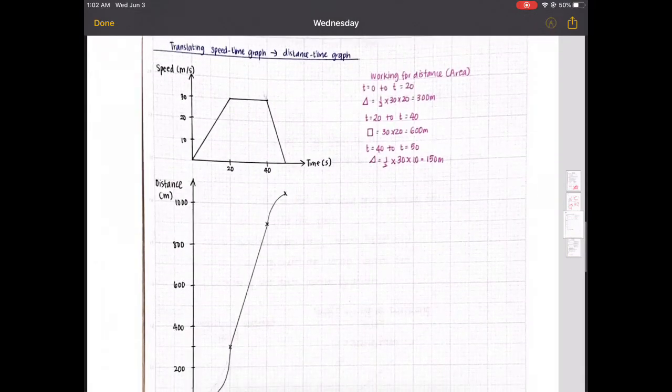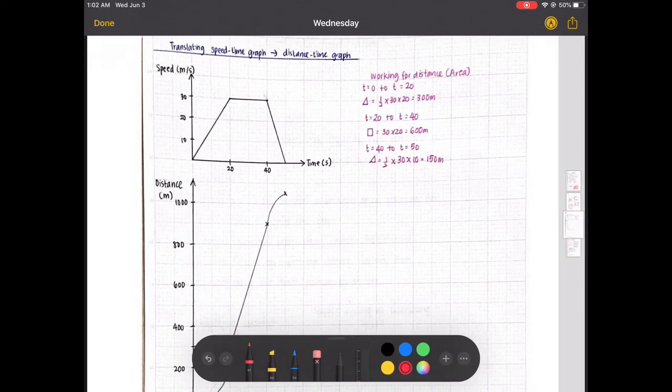Translating a speed time graph into a distance time graph. Similarly with what we have done from distance time graph to speed time graph, we'll work with portions. So here we're going to work with the first portion, which is this upward slope. So here is the working. The distance in a speed time graph is the area under the graph. The first portion of the graph is a triangle, so we're going to find the area of a triangle, which here is half times base times height, which is half times 30, which is the height, and 20, which is the base.